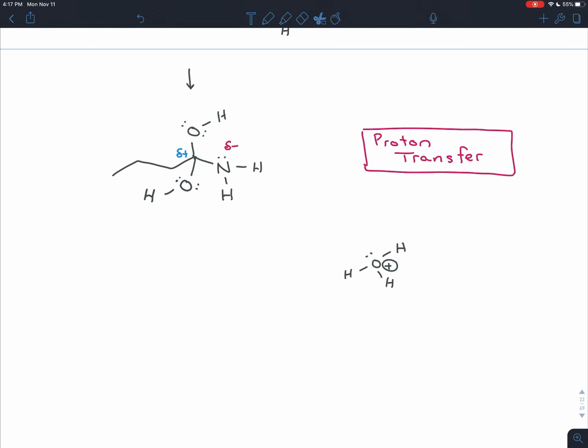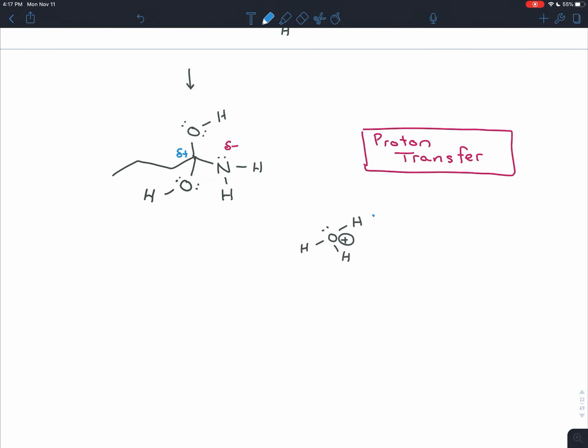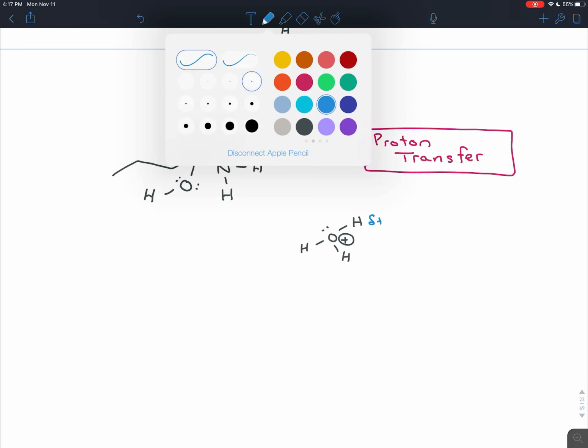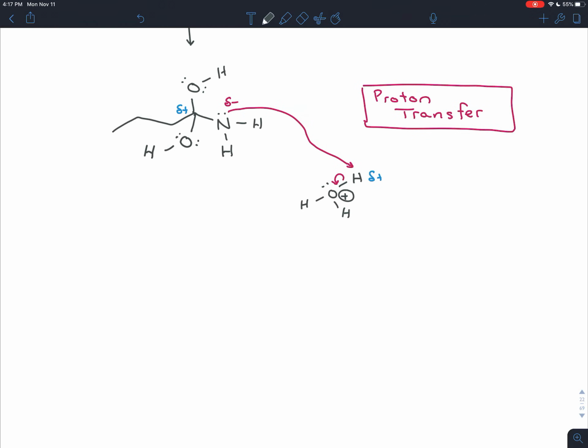The nitrogen is slightly negative, it has that lone pair, and we have this acid here with hydrogens that are slightly positive. The nitrogen can act as a base, attack one of those slightly positive hydrogens. The electrons in the bond holding it onto the hydronium would snap back onto the oxygen to help stabilize that positive charge there.